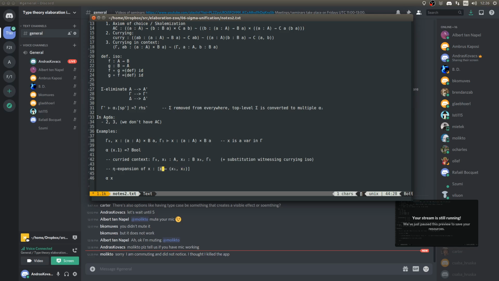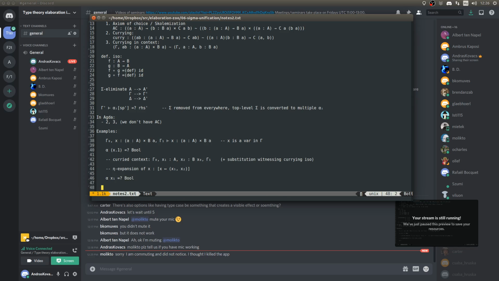In the old context we had a bound var x, and in the new context we have two bound vars x1 and x2. If we perform this currying substitution, then what we get is that alpha x1 equals bool.